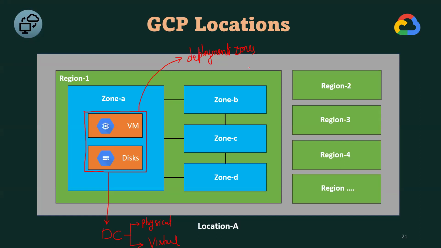You are going to deploy a resource or an application on top of the data center resources only. That is the reason a zone is also called a deployment area or deployment zone. So this is the categorization in simple words: zones, regions, and the regions to the locations.